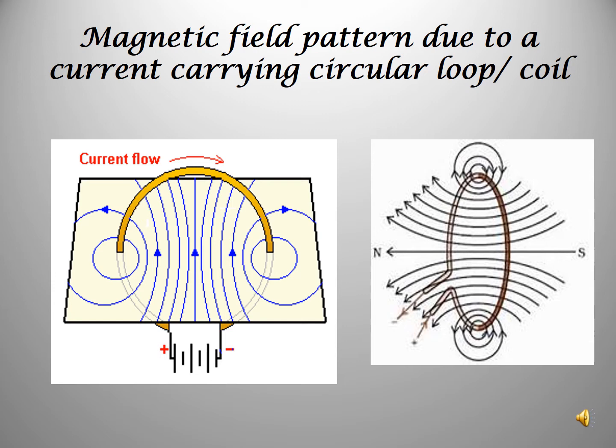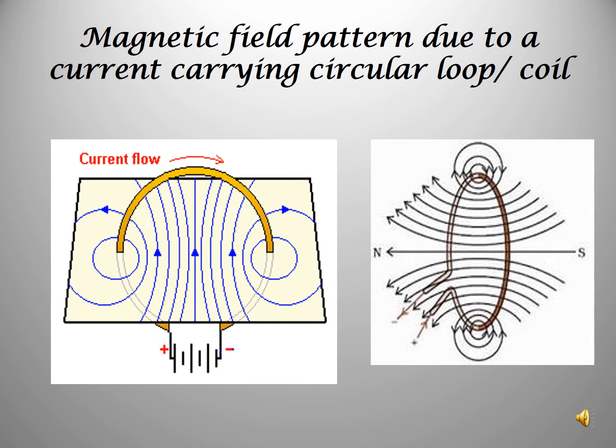Look at the left hand side figure. The current is going upwards, so put your thumb upwards, and you can see that the other fingers are wrapping anti-clockwise.